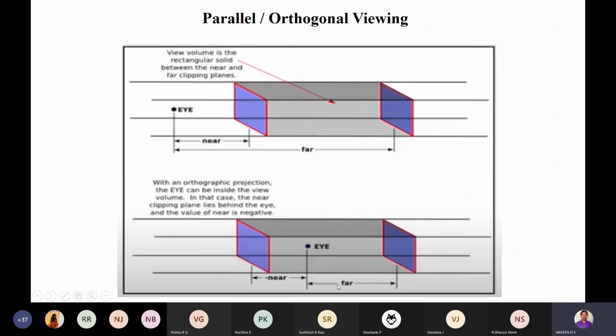There is no change in the far value, it will be positive only, because you still have to reach here. In this case, the view volume is the rectangular solid between the near and far clipping planes. This is how we have to consider parallel or perspective viewing.